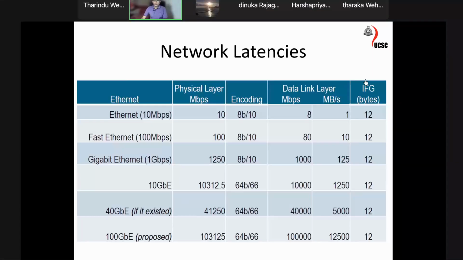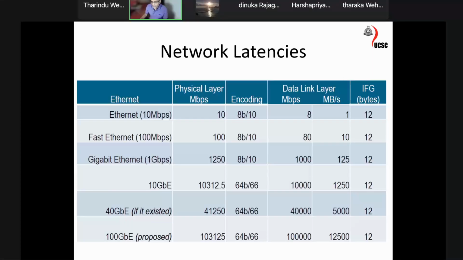All right. In terms of the 100 Mbps, you can see that the similar encoding method is still getting 80% effective bandwidth for the data link.